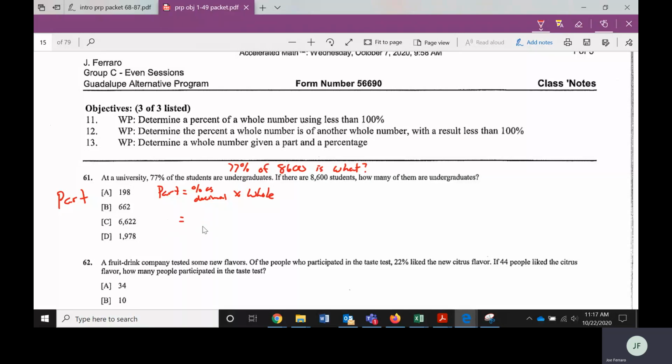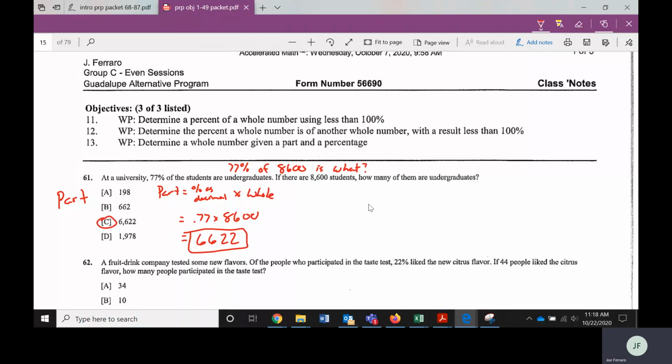You got to move it twice, so 0.77 times the 8,600. So you take your calculator, 0.77 times 8,600, and you get 6,622.